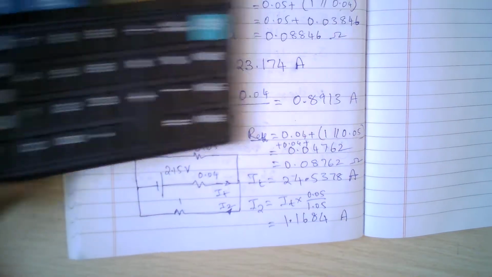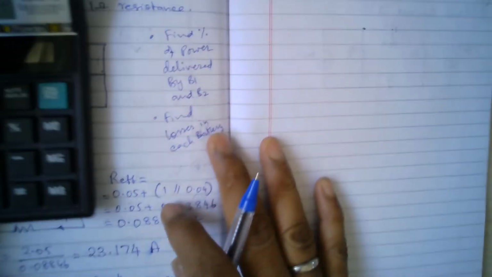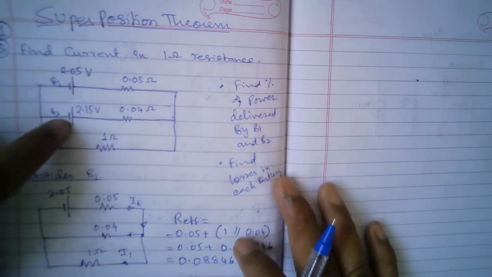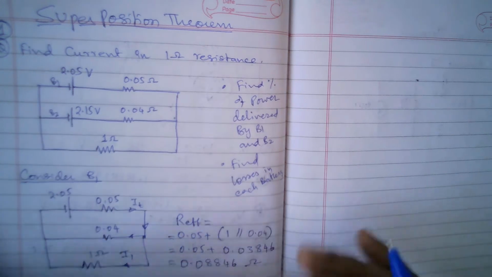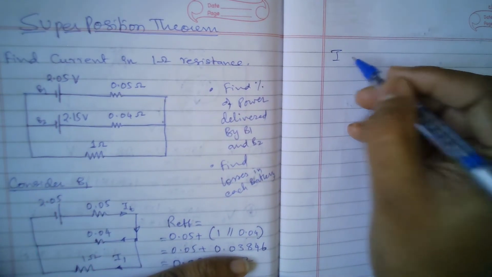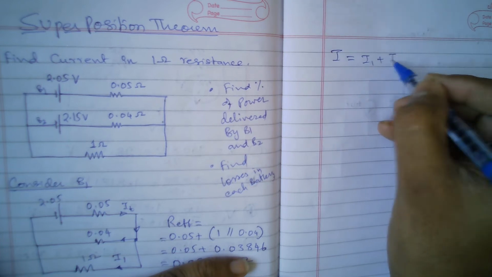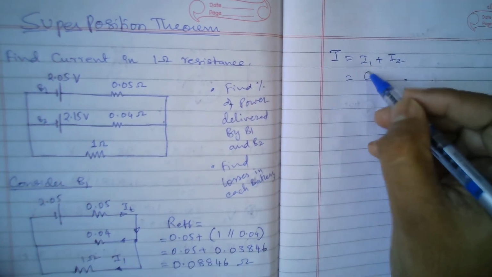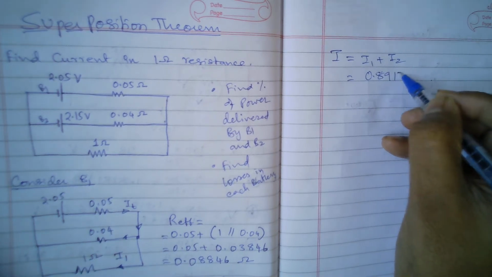Now I got I1 and I2. Okay, so now there are two sources, so one source at a time I have considered. Now I want to superimpose both the things. So I in 1 ohm resistance equal to I1 plus I2. So that is nothing but 0.8913.